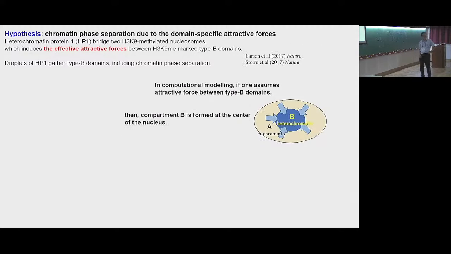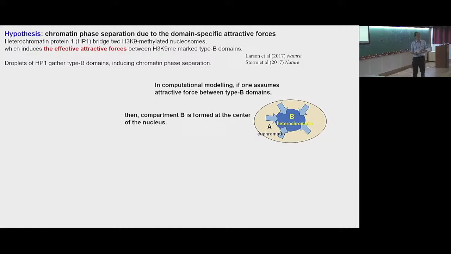With this hypothesis, two subsequent papers appeared in Nature in the same issue, so the people are very excited about that. And so many computational models were developed by using this assumption, by assuming the attractive coarse-grained effective interaction between heterochromatin-like region, type B domains.